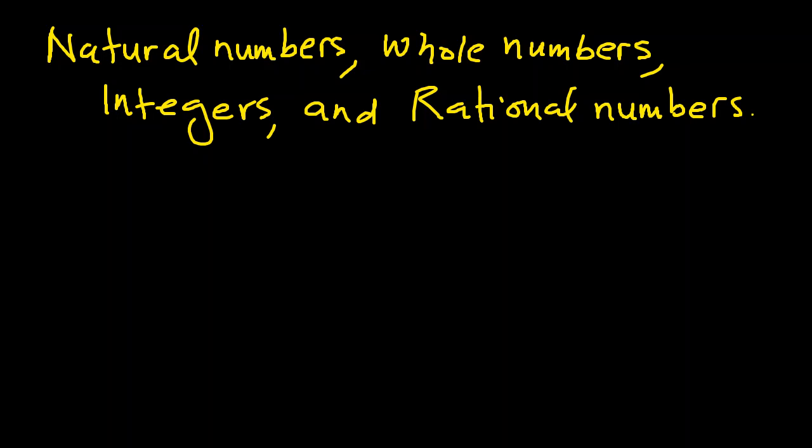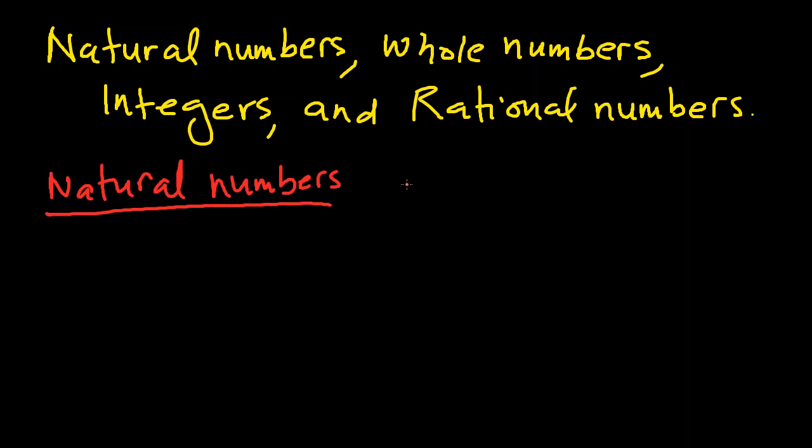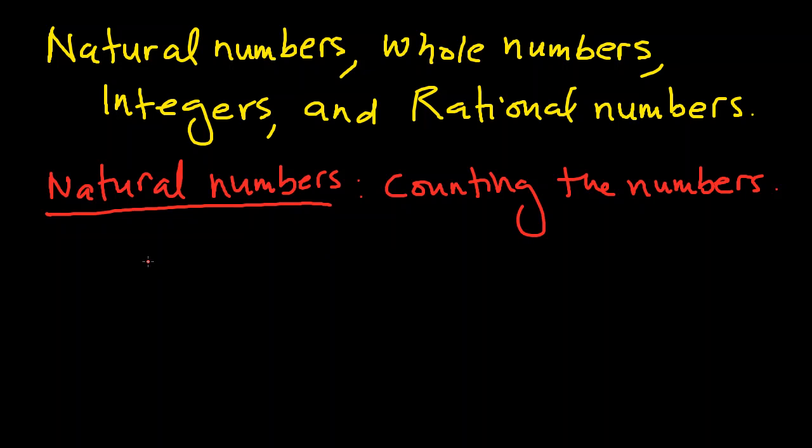So let's first start off with natural numbers. What are natural numbers? Well, natural numbers are all the counting numbers. So it's the numbers that we usually use in everyday life to count certain objects. For example, if you go to the grocery store and you pick up 5 apples, 5 is a counting number, and 5 is a natural number.